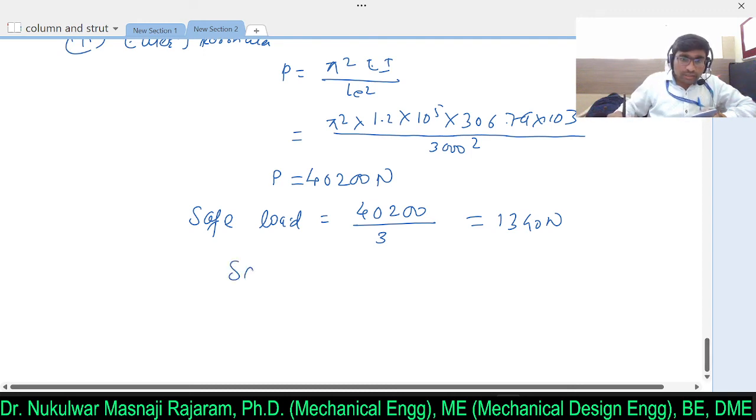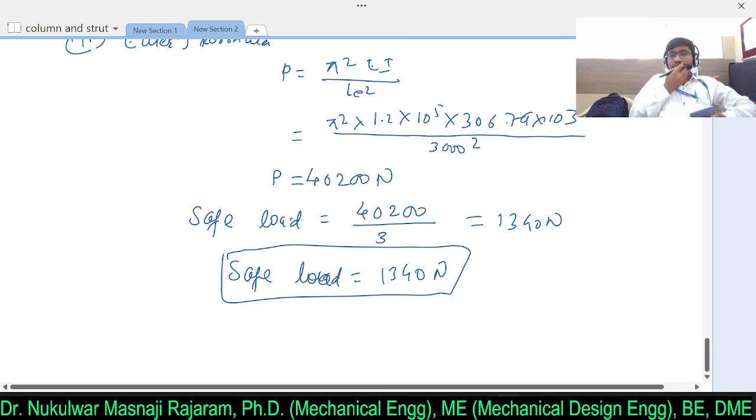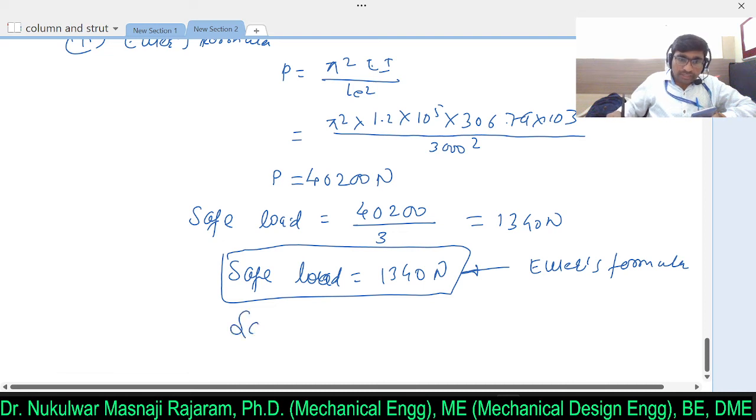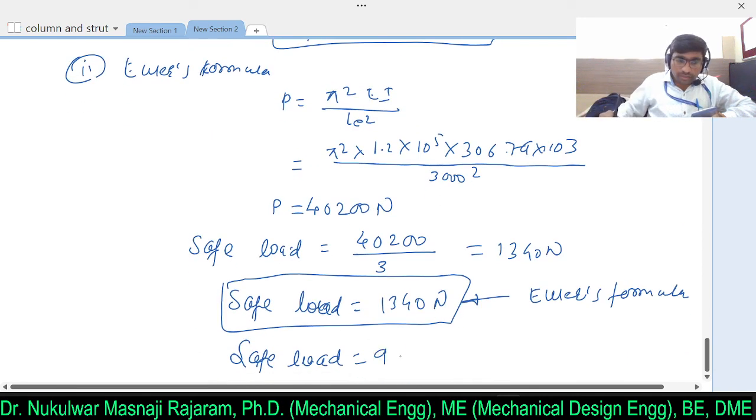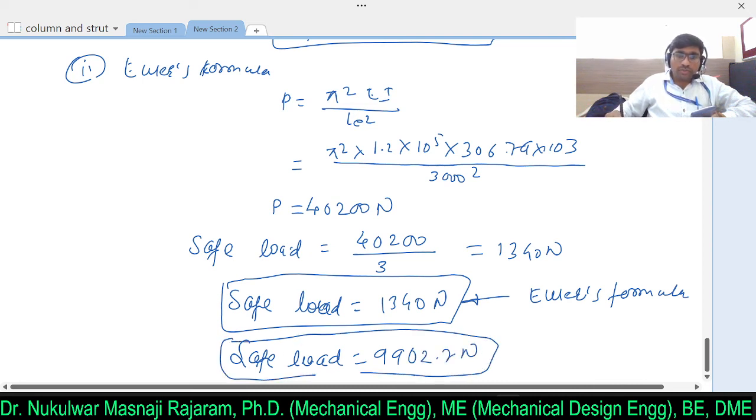So if I compare the safe load from Euler's formula, 1340 Newton, with the safe load through Rankine formula which we have evaluated, 9902.7 Newton, clear.